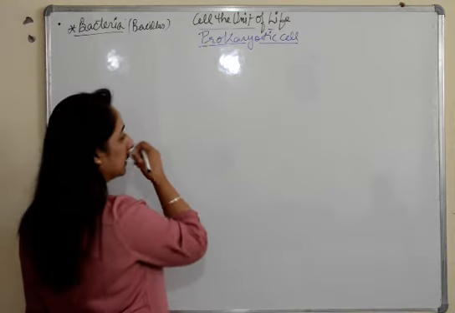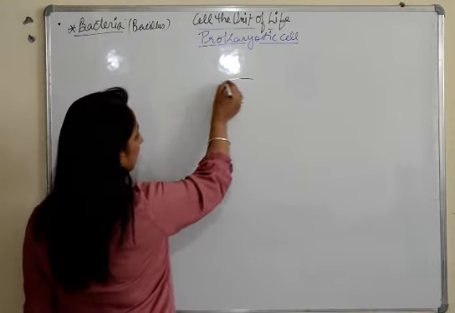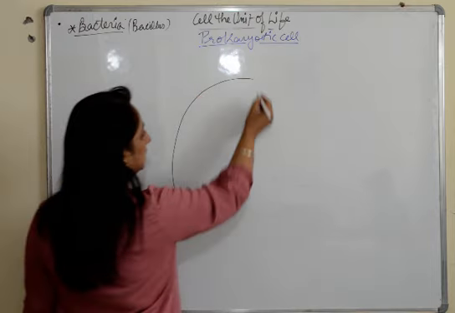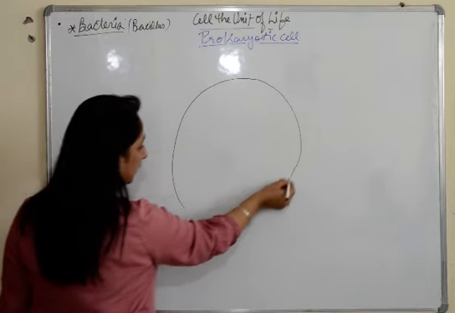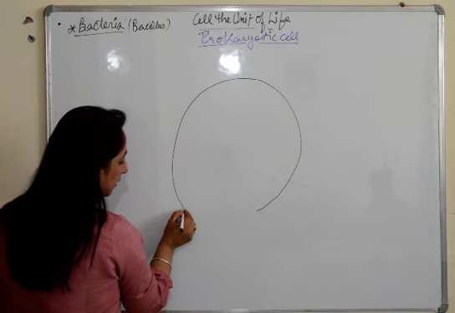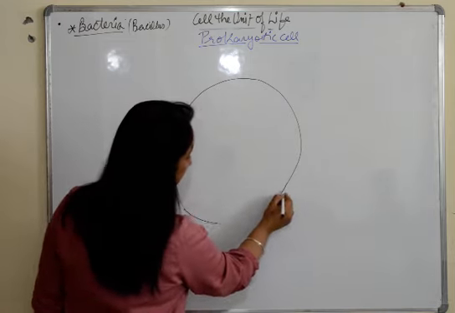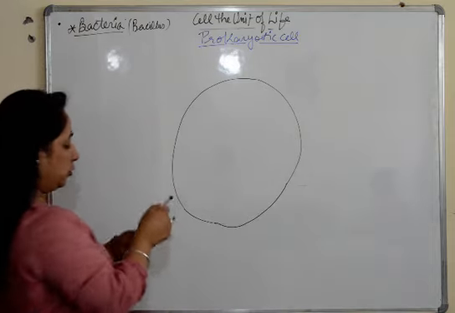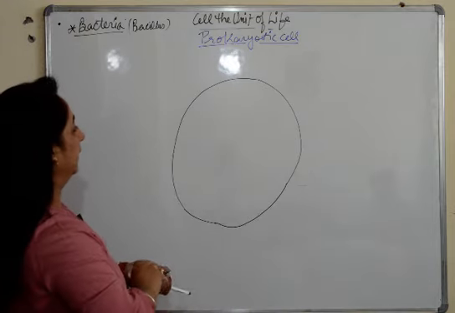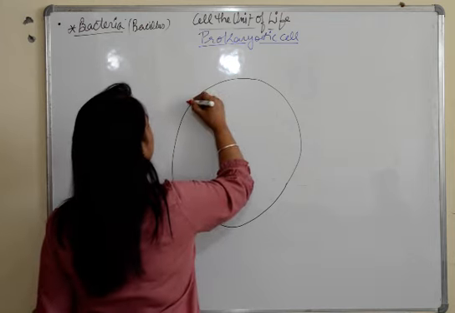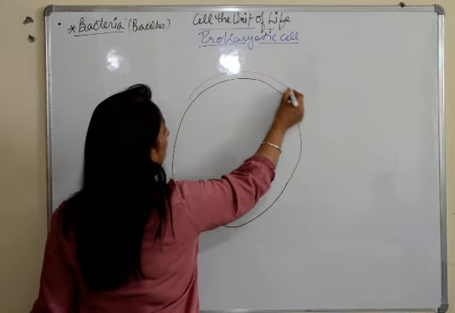So when we see the structure of a bacterial cell, what do we observe? There is a plasma membrane, and outside this plasma membrane is another membrane, that is the cell wall.